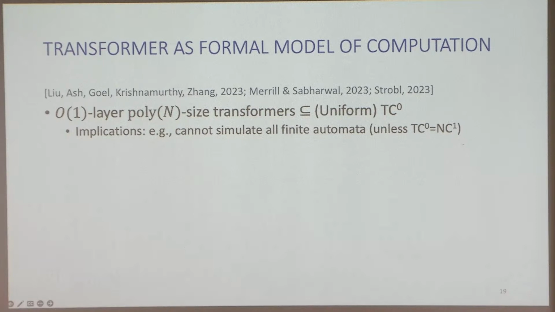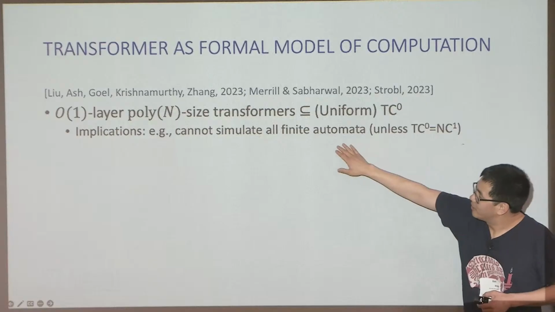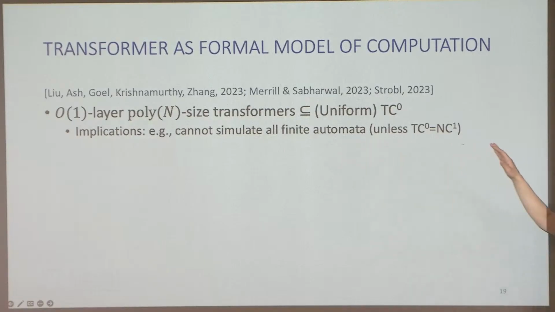But there are a number of implications you would standardly draw from these circuit complexity theoretic statements. For instance, you might be able to deduce that you cannot simulate all finite automata unless some complexity theoretic assumption is violated. Okay. Like the number of layers is not growing with the length of the sequence.